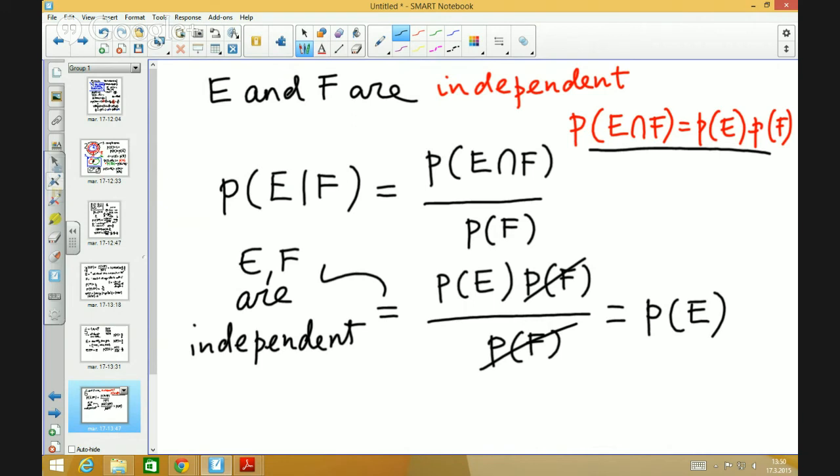The fact that F has occurred before does not give you any extra information that you didn't have before. So the probability of E given F is the same as the probability of E, because F does not change anything.